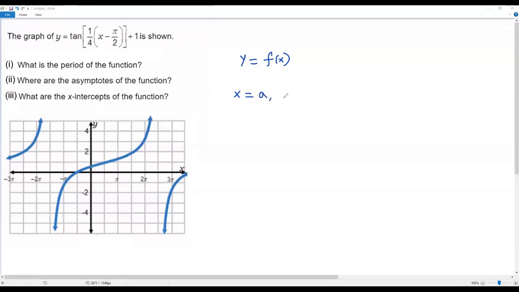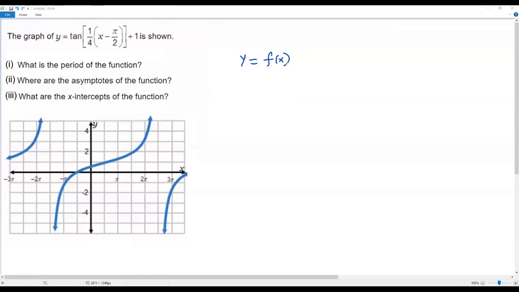When x equals a, y equals infinity, that is, y becomes undefined, then x equals a represents the equation of the vertical asymptote. So we have to find the value of x for which y becomes undefined. Then that value of x represents the vertical asymptote.